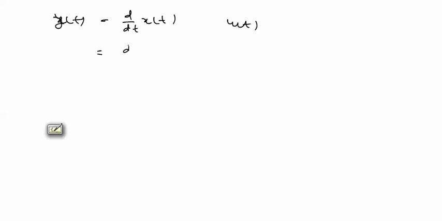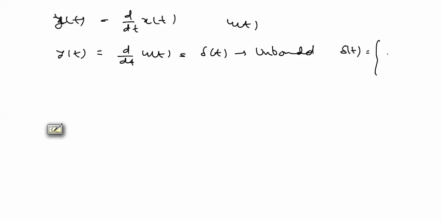We get an impulse. The impulse is not bounded, it is unbounded at the 0 location. So it is not stable, it is an unstable system.